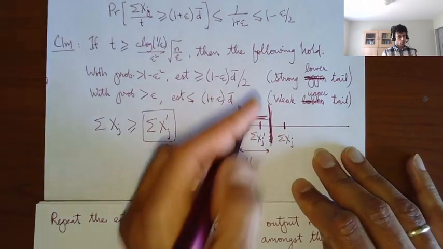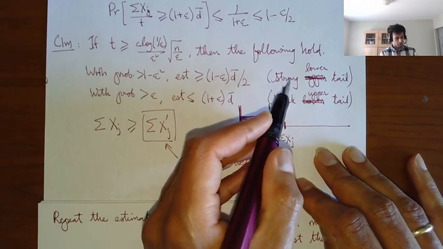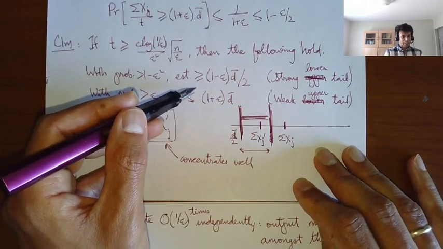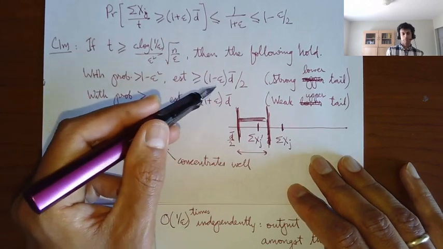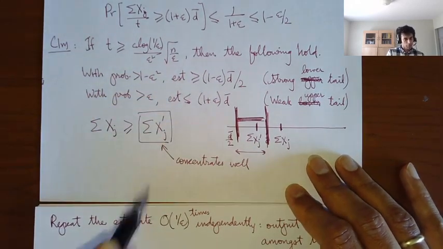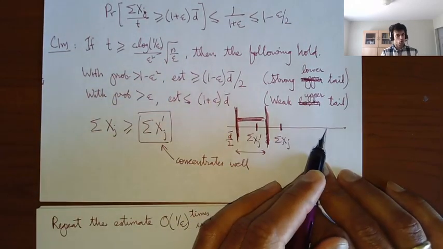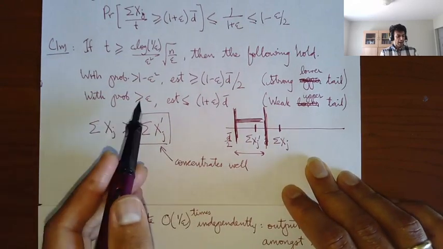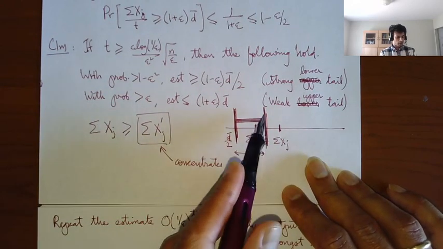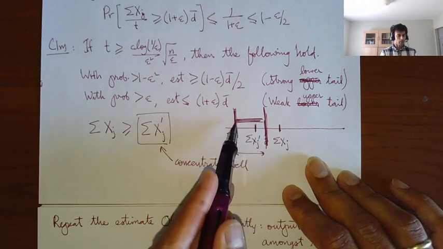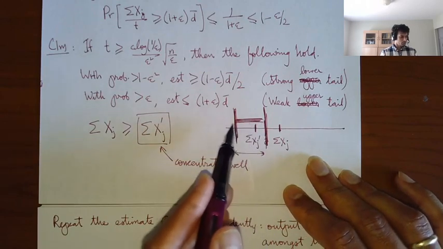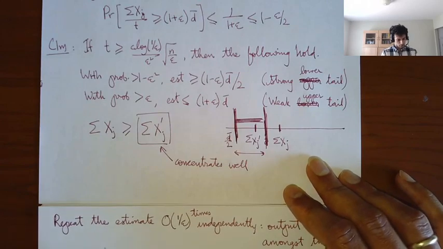The lower tail bound is very strong. So you're guaranteed to be above the desired value with very high probability. So even if you did many trials, all the trials will be above this. And one trial is guaranteed to be at most this bound here. So with high probability, the minimum is going to lie in here. So this is a quick trick to boost.